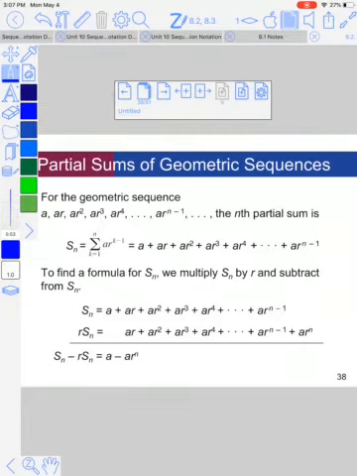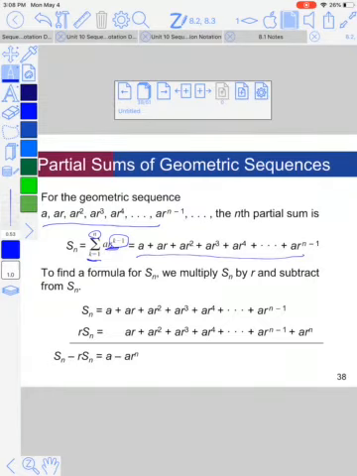This slide here, 38, kind of shows you how they get it. You'll see that here's your sequence. And then they're going to say, let's sum it up from k equals 1 up to n. So in other words, this is our normal geometric series. We're going to go all the way up here.